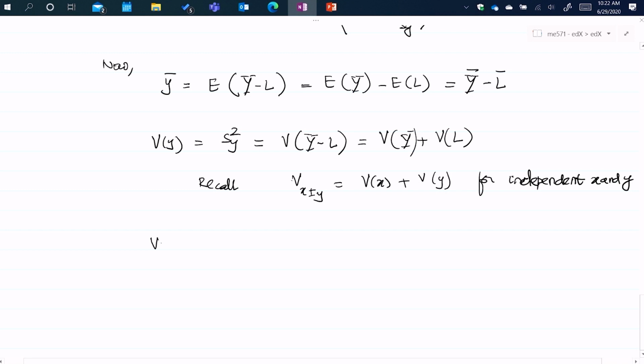So therefore, the variance of y is nothing but s sub Y squared plus s sub L squared, and that in turn implies s sub little y is s sub cap Y squared plus s sub cap L squared raised to the power 1/2.